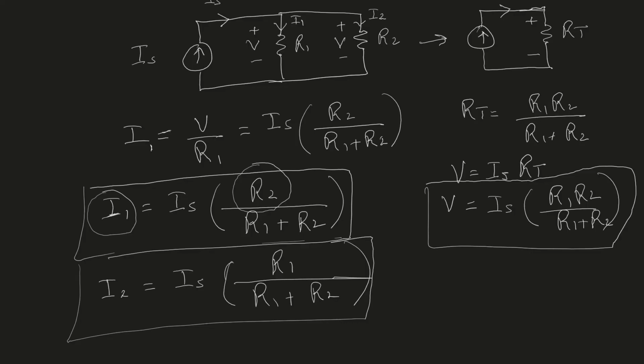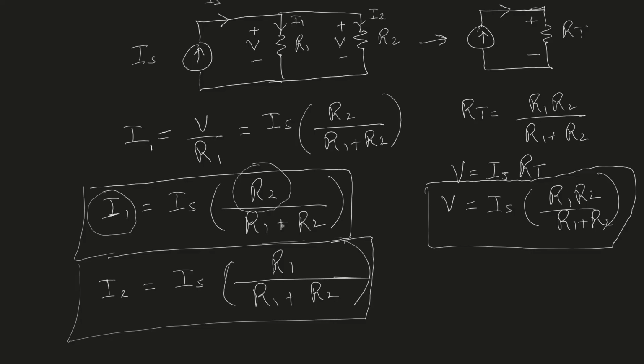You can say that, for example, if the other branch, the branch of R2, keeps on increasing until it becomes infinitely large, very large compared to R1, then I will have the numerator, which is R2, and the denominator, which is R1 plus R2.